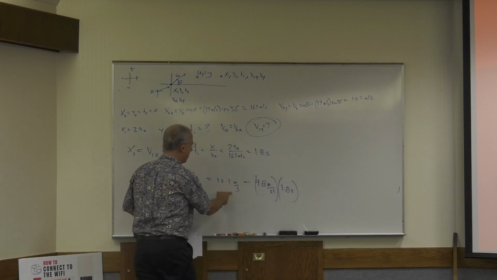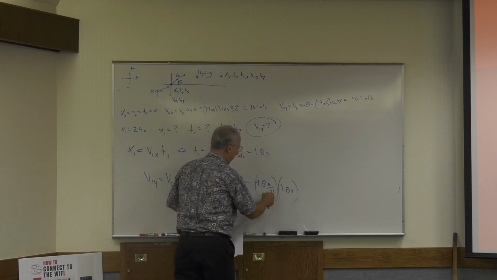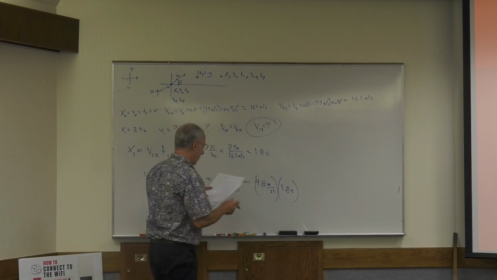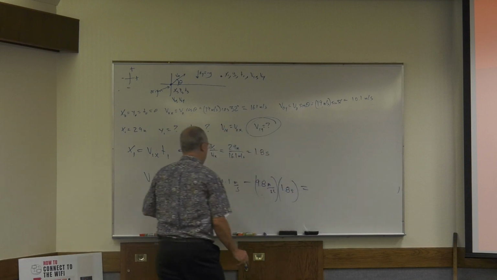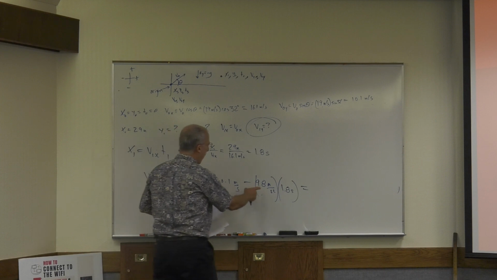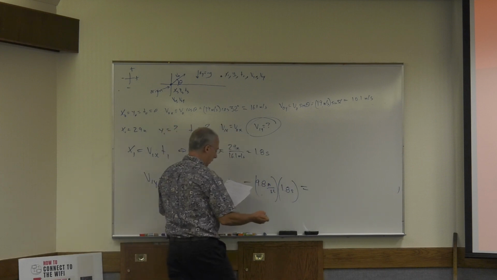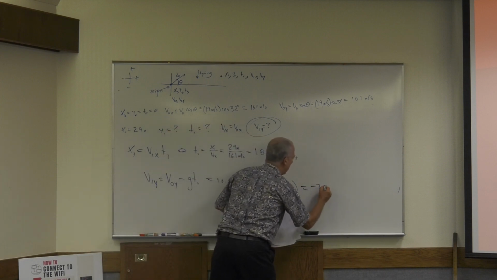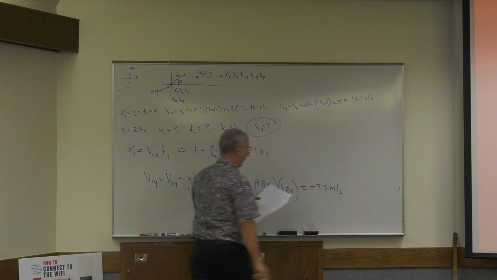Notice I have a meter per second squared times a second; that second is going to kill one of those seconds, so I get a meter per second. It's 10 minus, and this is bigger than 10, so it's going to be negative: minus 7.5 meters per second.